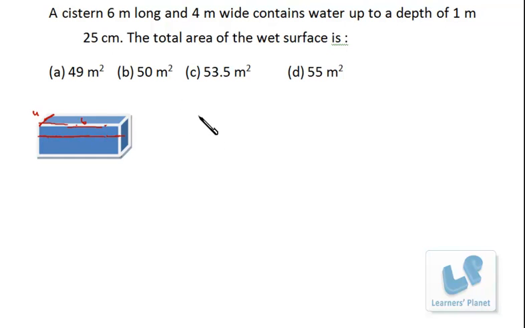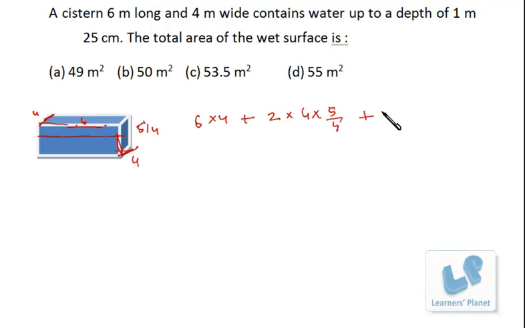That is 6 into 4, plus what is the area of this? That is 4 into 1 meter 25 centimeter, which is 5 by 4 meter, and the same on the opposite side. So 2 times 4 into 5 by 4.